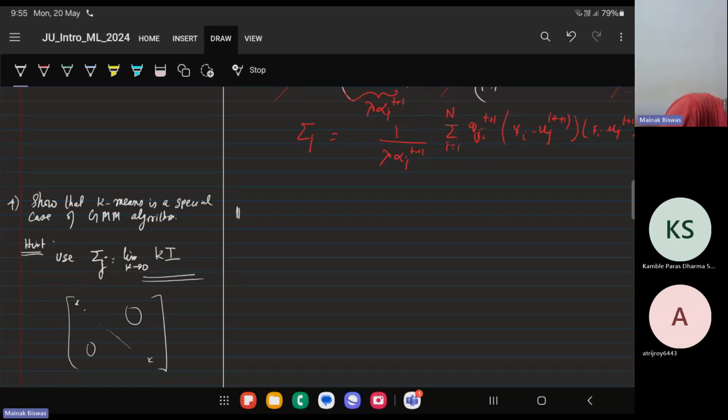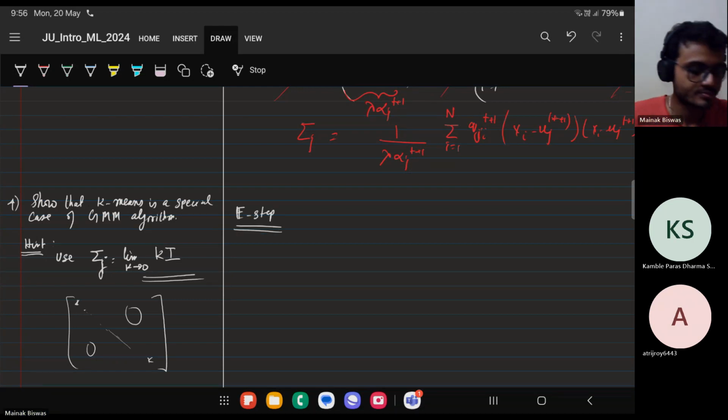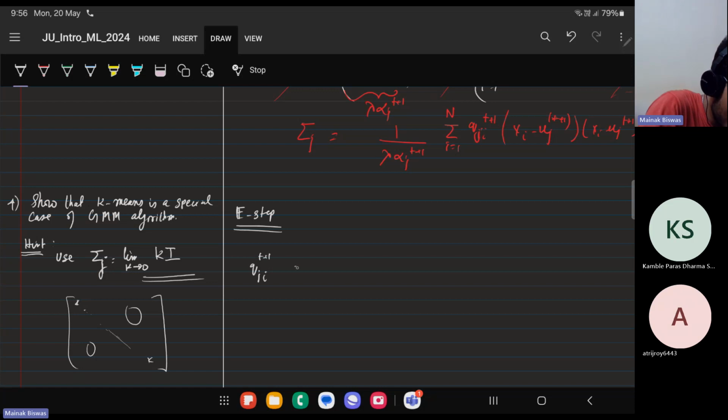So in the expectation step, what will happen? You have these k mu's. Let us write it down. Q j i, t plus 1, is alpha j times the exponential of minus x i minus mu j squared.